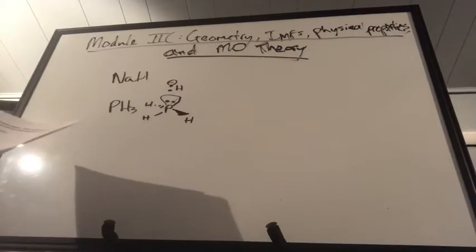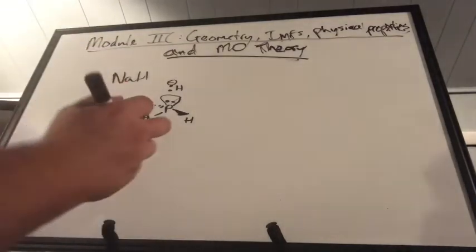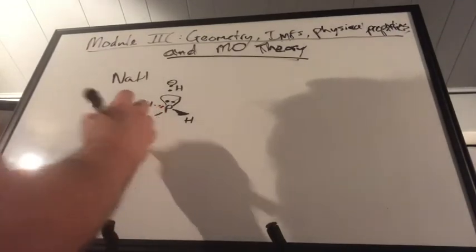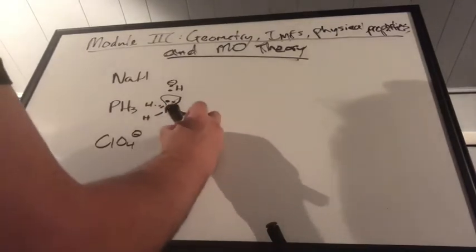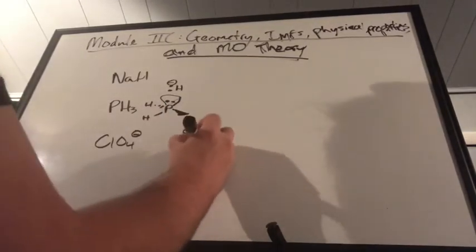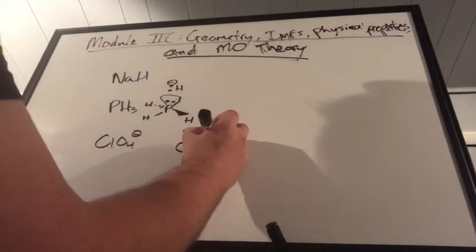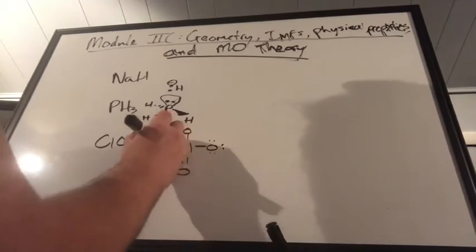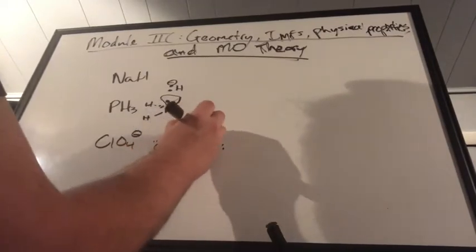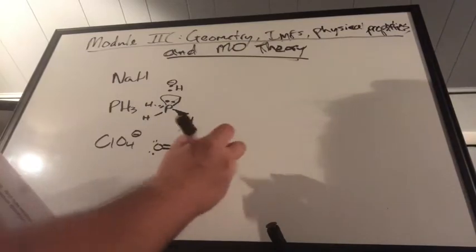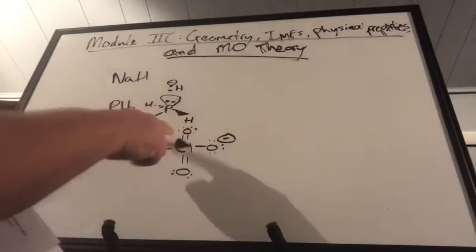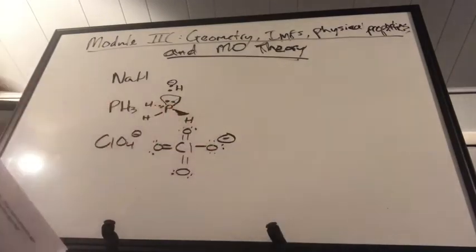So let's think of chlorine in ClO4 minus. You have this negative charge, and it basically makes the rounds around this entire complex and is a stabilized ion as a result.